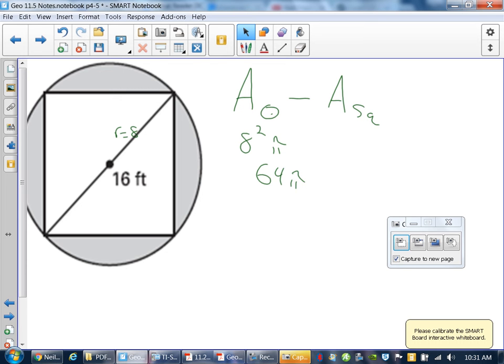the diagonal creates the 45, 45, 90. So you have to remember the ratio of the sides. 45, 45, 90 is what we call a right isosceles triangle.